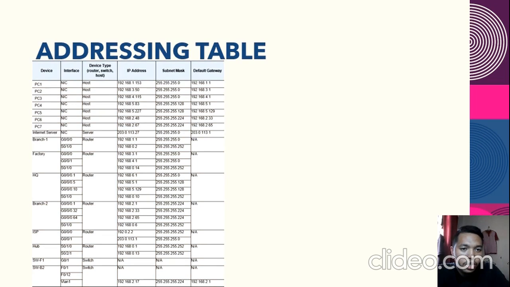Also here we can see the addressing table. Of course, after we design the topology, we need to know the right IP address, subnet mask, and default gateway for each PC, and also the server and others. I will not explain too much about this because you can read it from here.